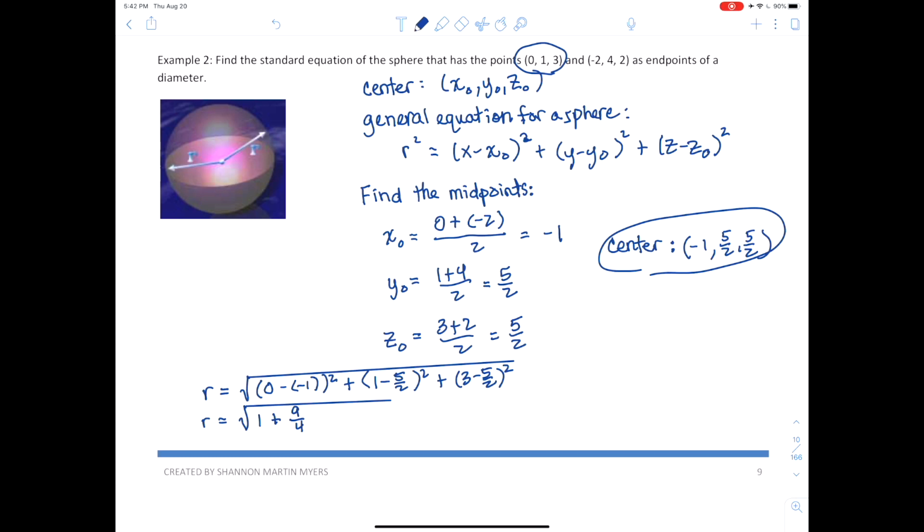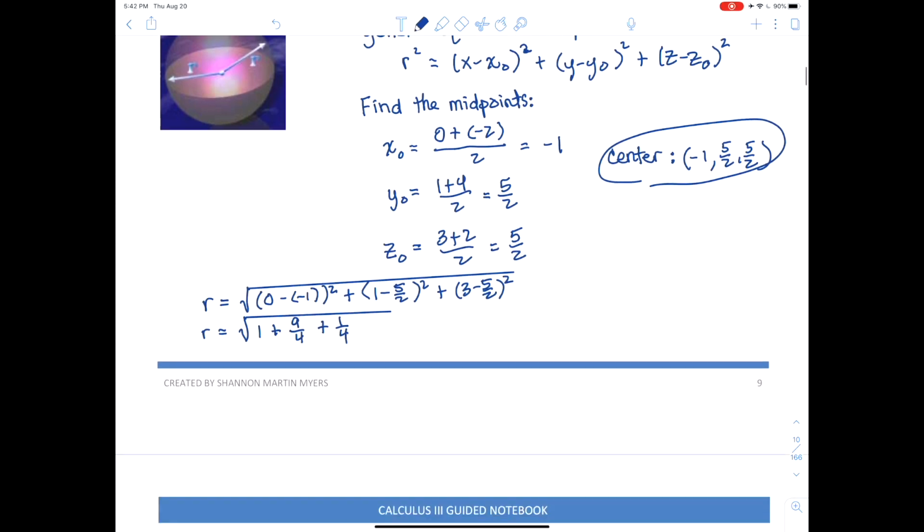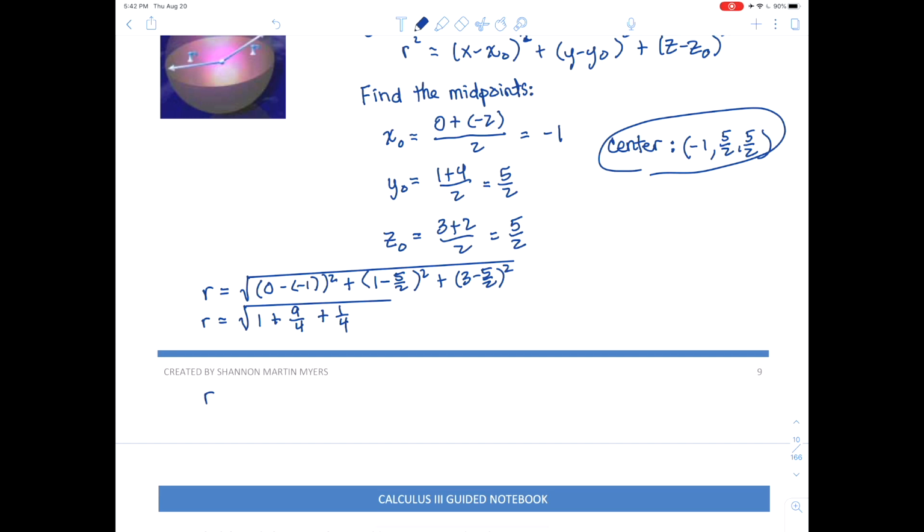We'll get 6/2 minus 5/2, so we'll get 1/2. We square that, we get 1/4. So then, r will equal the square root of 10/4 plus 4/4 is 14/4, which is, sorry, I'm left-handed, 7/2 under a square root.